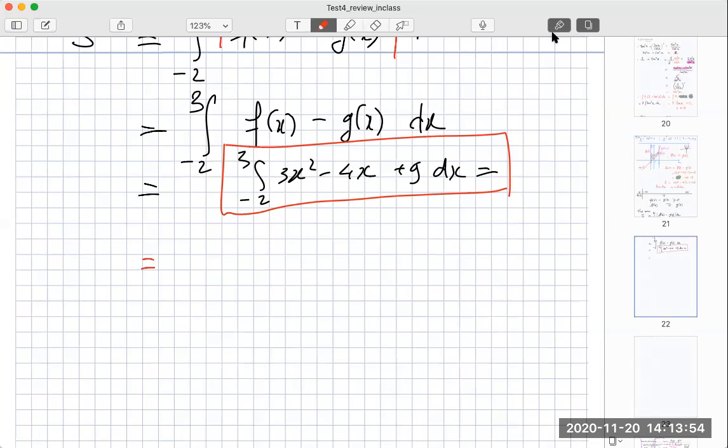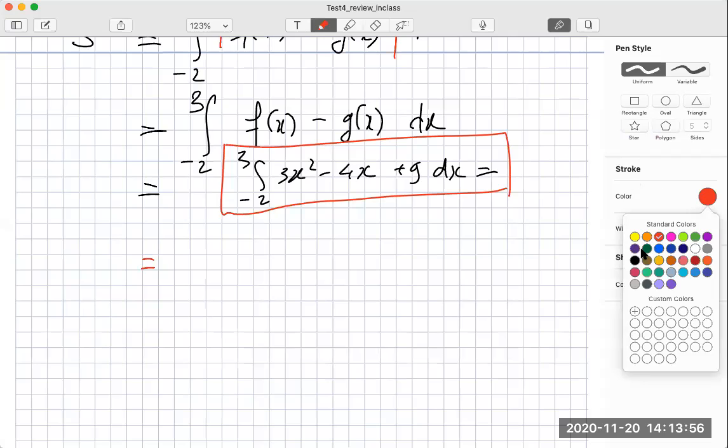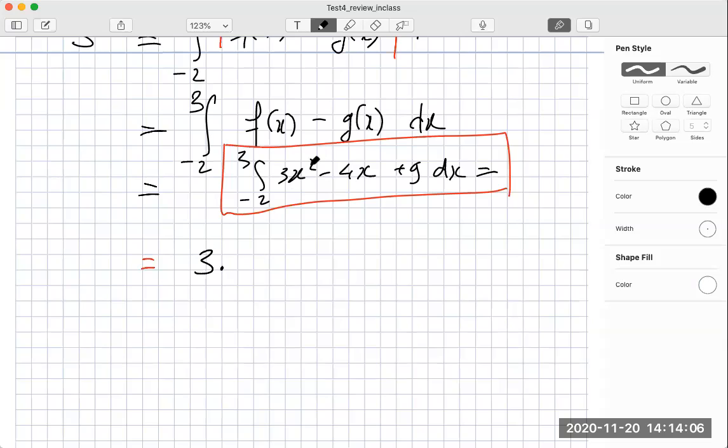So, what is the antiderivative? Now the constant here does not affect the integral. So we can write it down here, and we take the antiderivative of x squared, right? Antiderivative is the reverse way of the derivative.